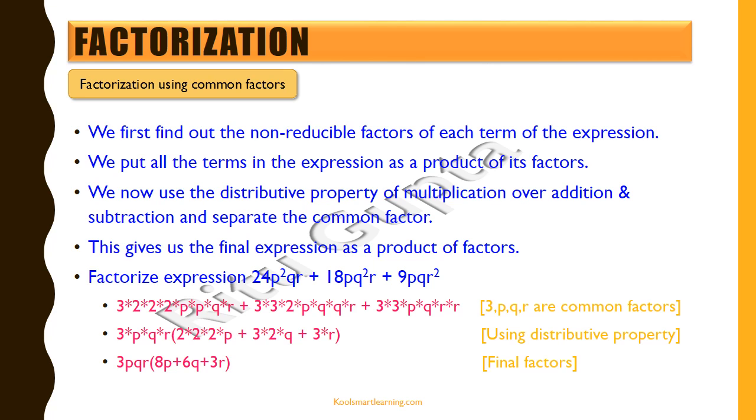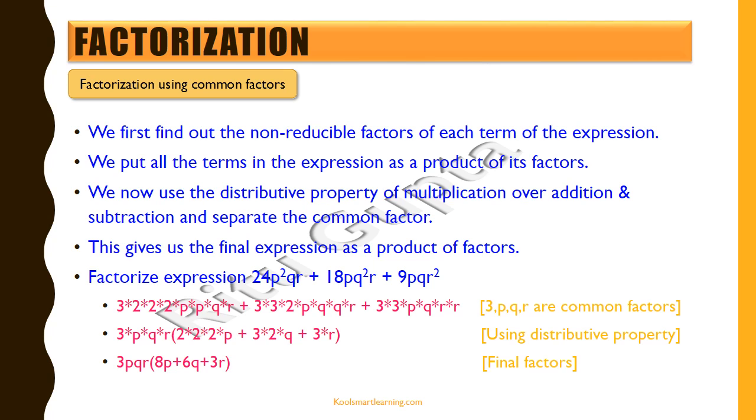Now we'll see what we've said with an example so that we can understand it. Let's first take the expression which we have to factorize. The expression is 24p square qr plus 18pq square r plus 9pqr square.